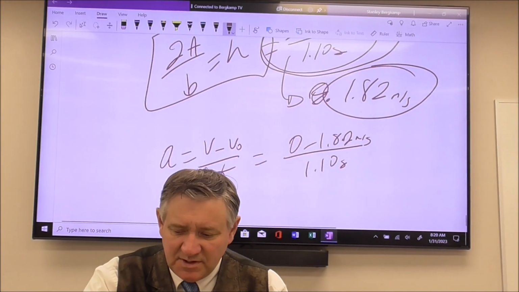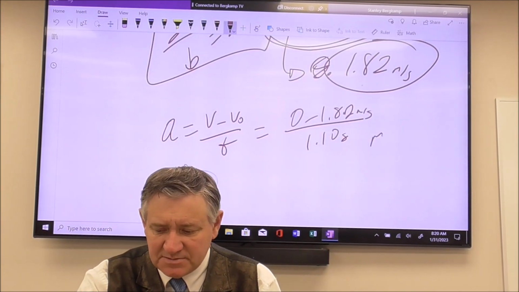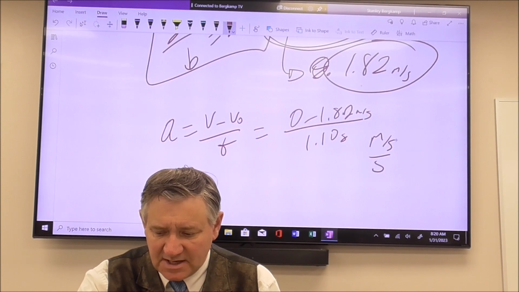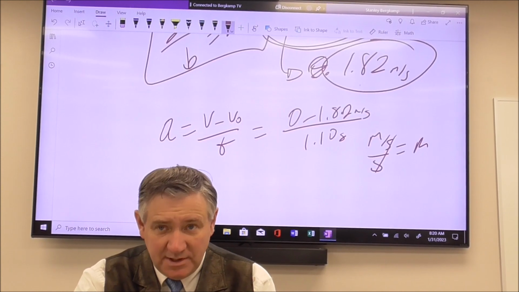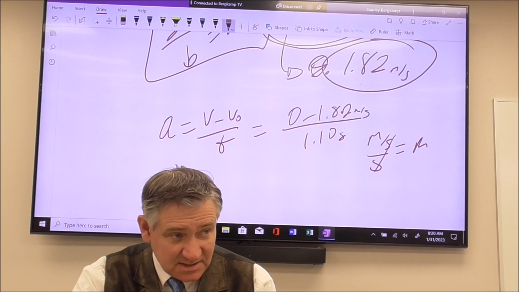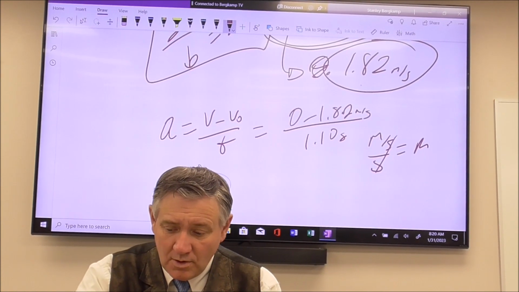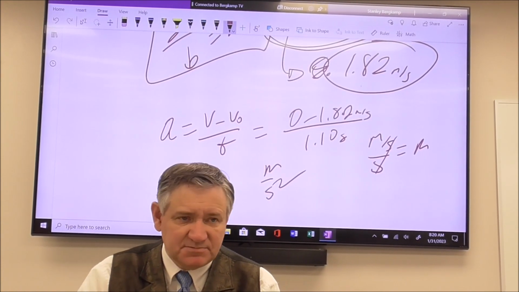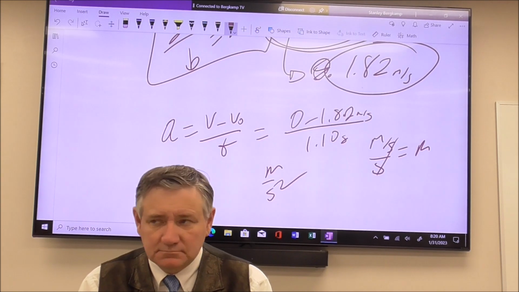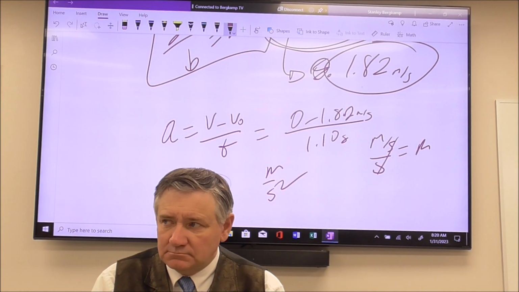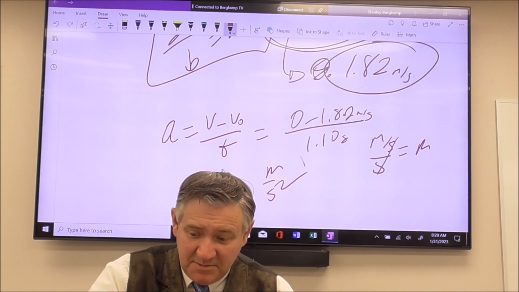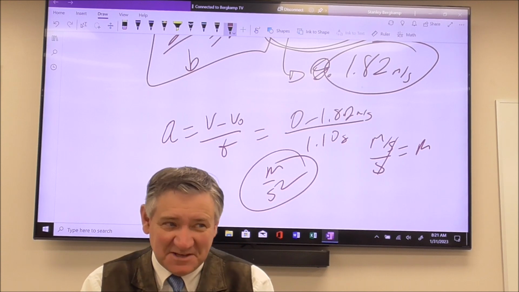Now, look what happens with the units. I'm going to take meters per second and divide that by seconds. Do I get meters, because the seconds cancel out, or do I get meters per second squared? Meters per second squared. I better get meters per second squared, because that's what acceleration is measured in.